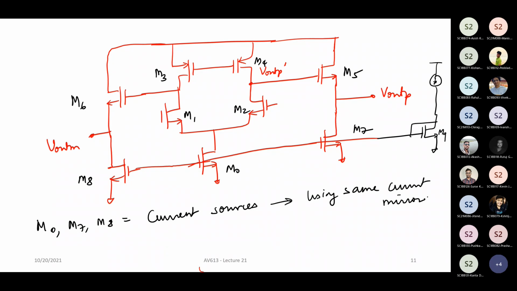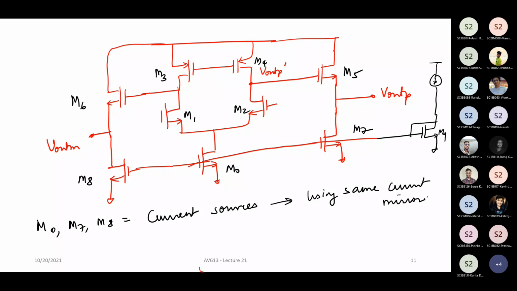So in practice, in industry especially, or even when you're doing things in a project, when you're doing layout, all the 4 transistors will be laid out together. These 4 transistors together will form one common centroid layout, and then you will route it to all the other transistors.